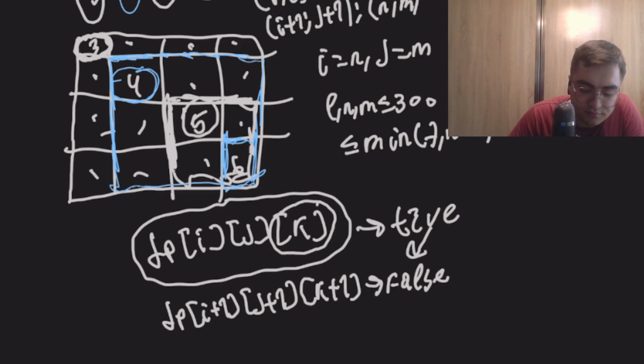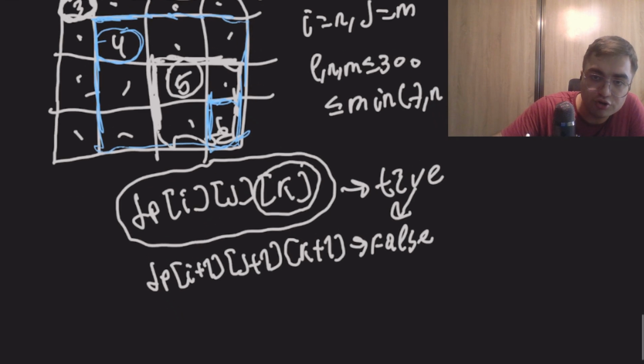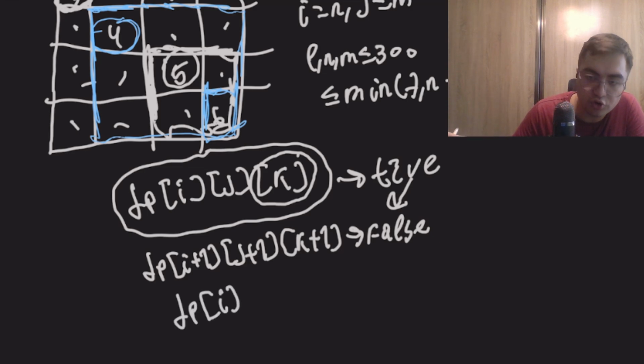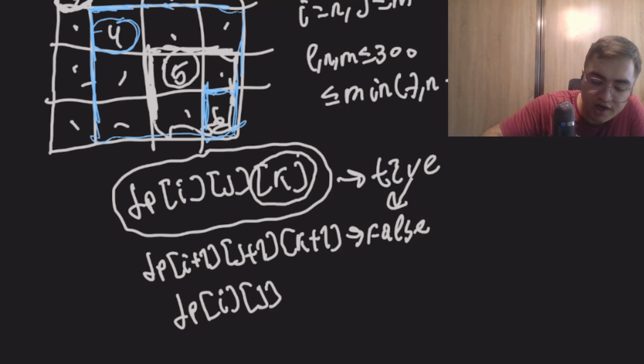And at the end, what we just need to do is we need to say, okay, if for any ij, we can just brute force on i's and j's. If for any ij, dp i j 0 is true, then the first player wins.